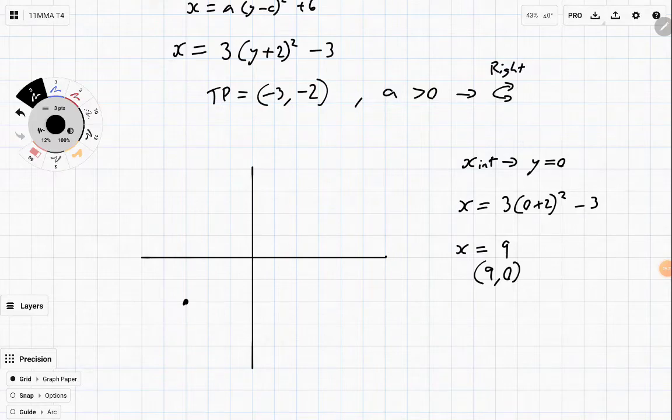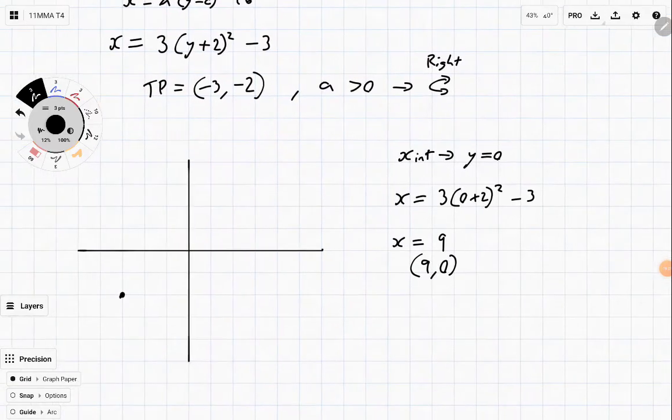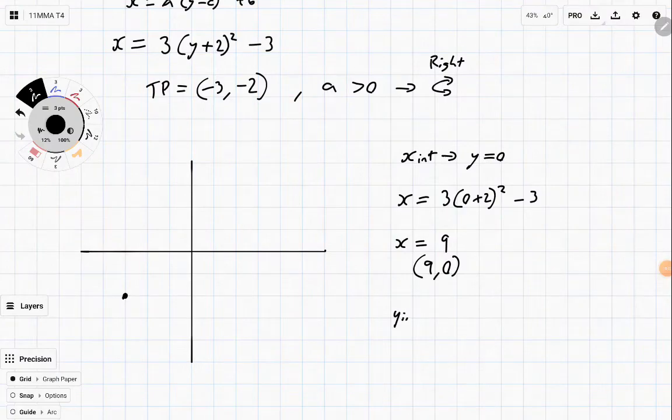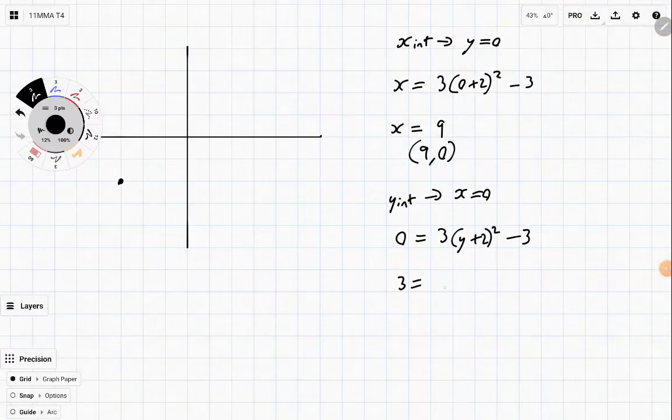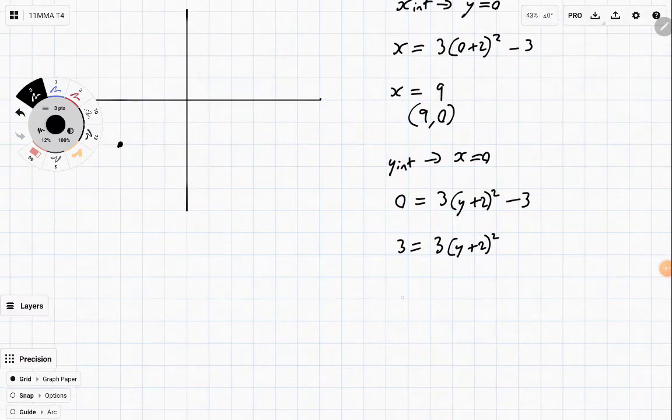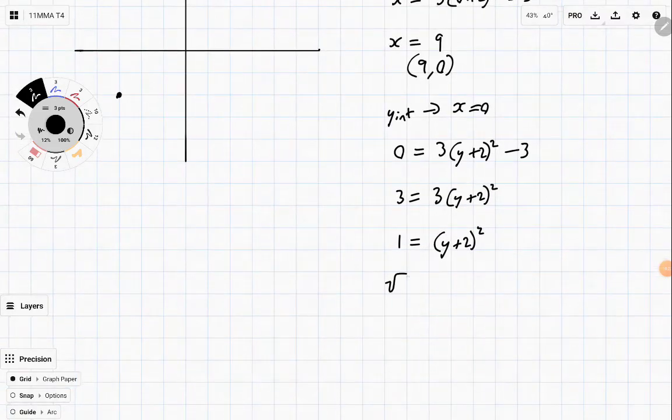For the y-intercept, well, that is when x is equal to 0, so we get 0 is equal to 3 (y plus 2) squared minus 3. Add 3 to both sides, divide both sides by 3, take the square root, plus or minus, subtract 2.